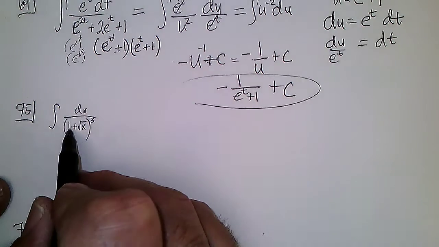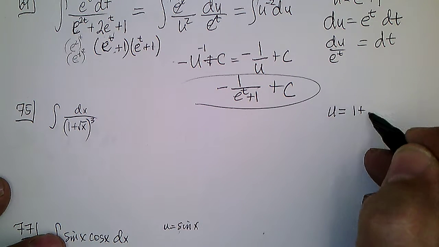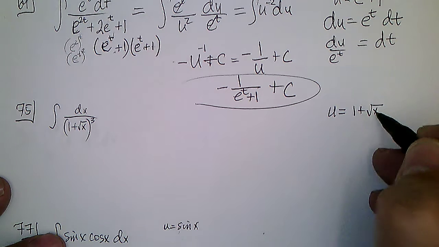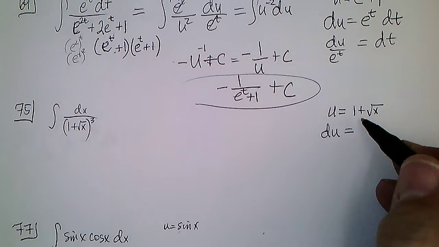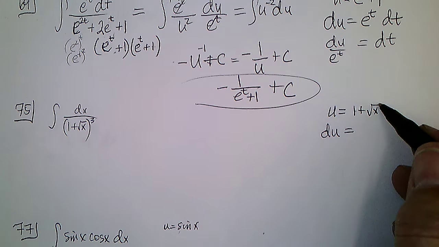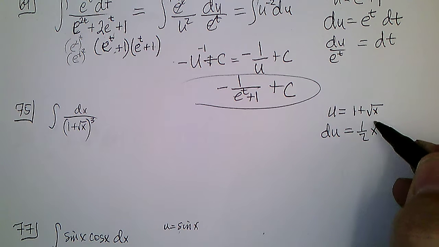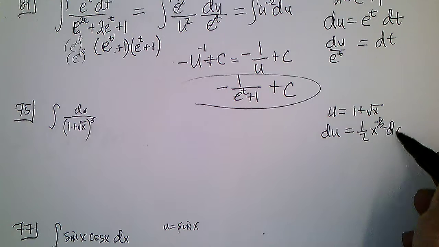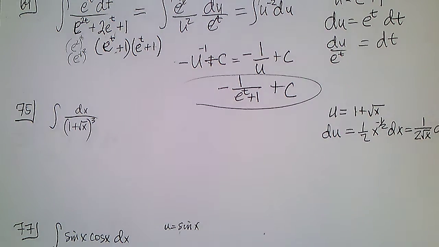Now this one, they say let u be 1 plus the square root of x. So du would be, derivative of 1 is nothing, x to the 1/2 derivative would be 1/2 x to the minus 1/2, which is 1 over 2 square root of x dx.